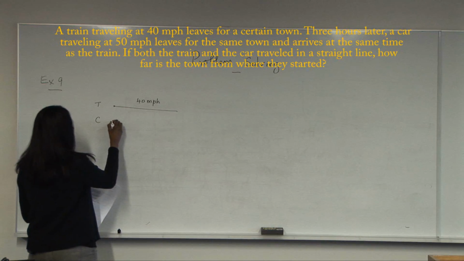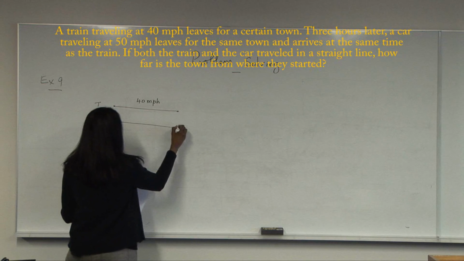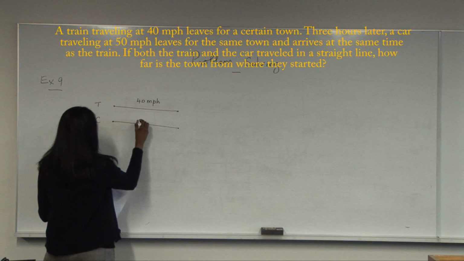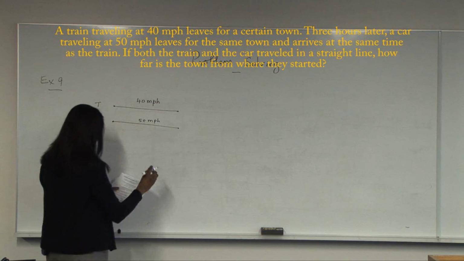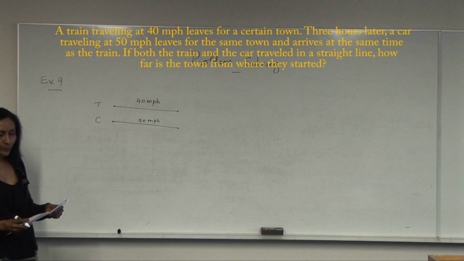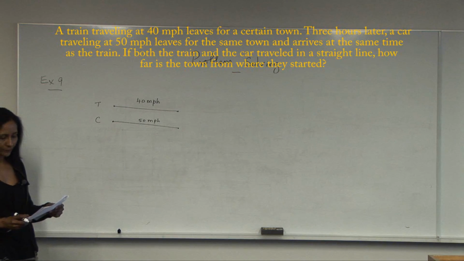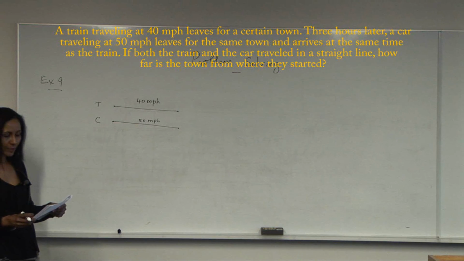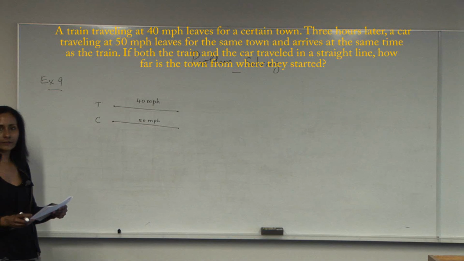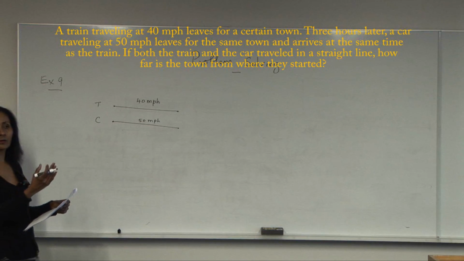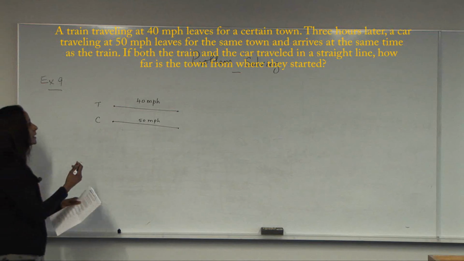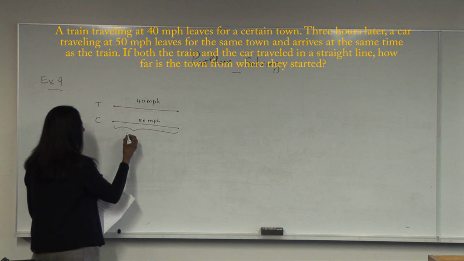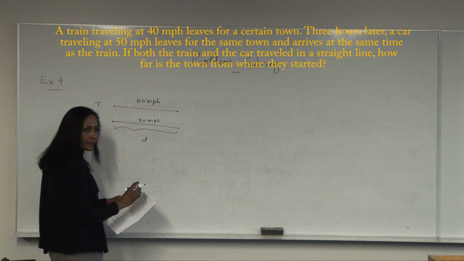So it starts at the same point, goes to the town, but it travels 50 miles per hour. If both the train and the car traveled in a straight line, how far is the town from where they started? That means you are asked to find out the distance. Correct? These two are the same.